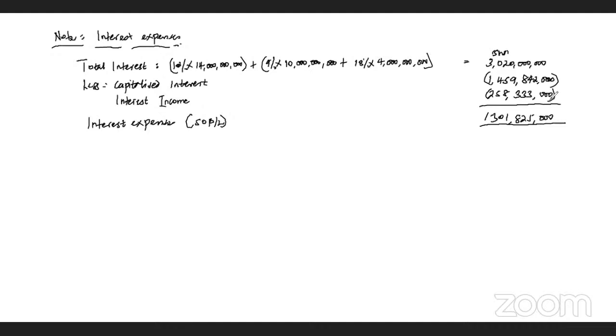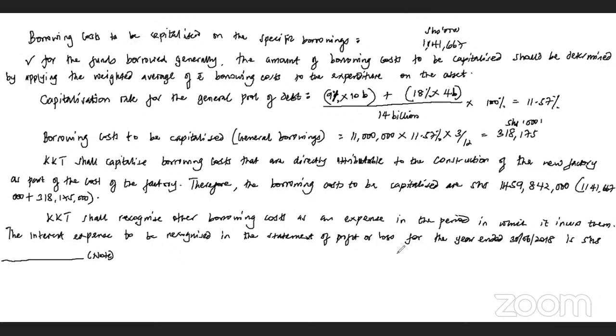So that's how much we have as our interest expense to be taken to the statement of profit or loss as the expense for that financial year. So the interest expense to be recognized in the statement of profit or loss for the year ended 30th June 2018 is shillings 1,301,825,000.